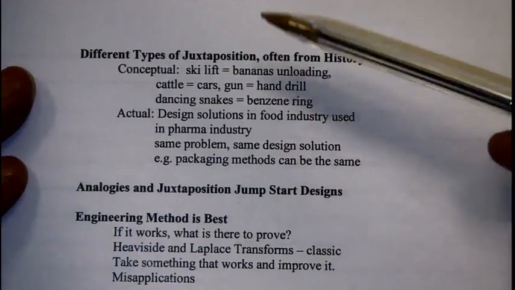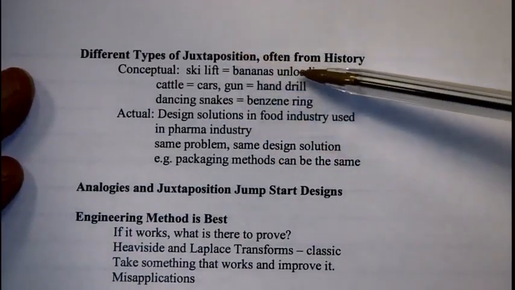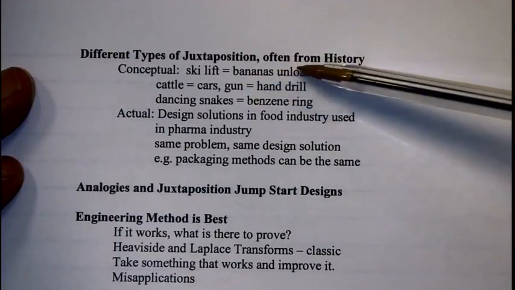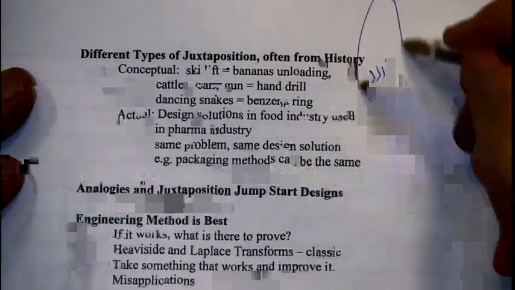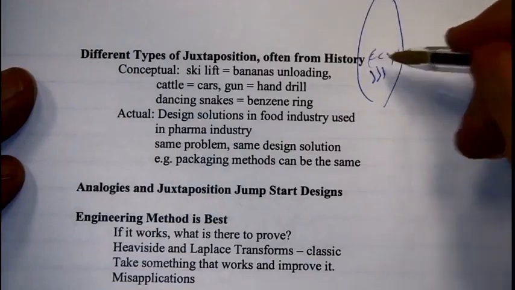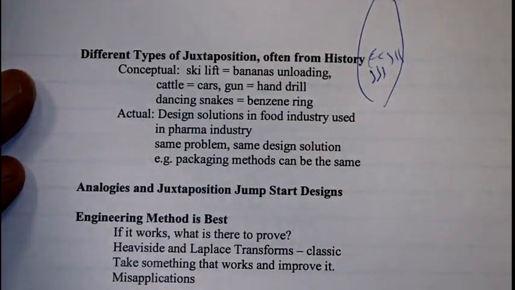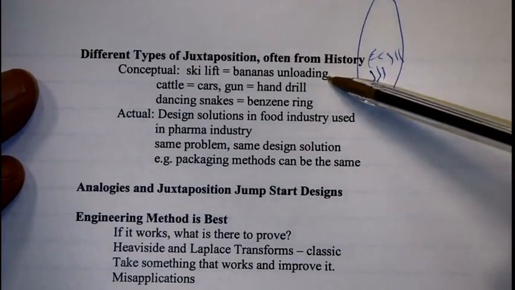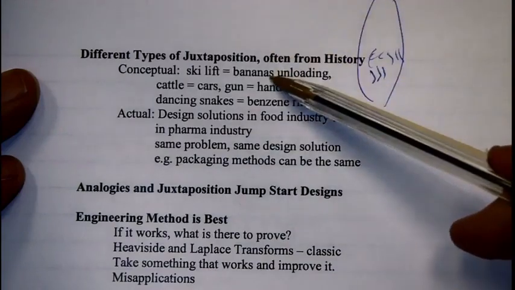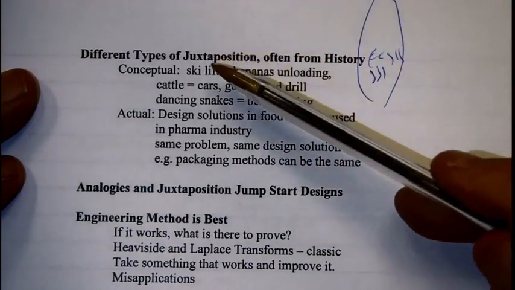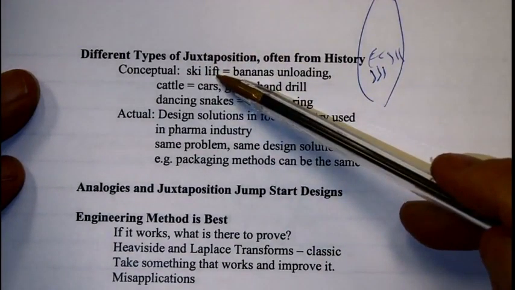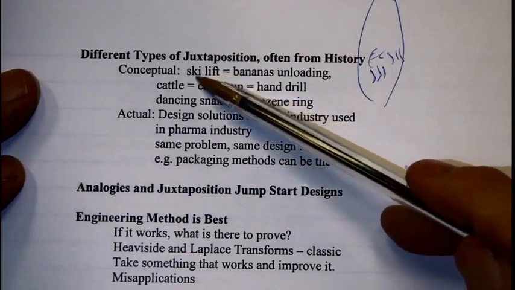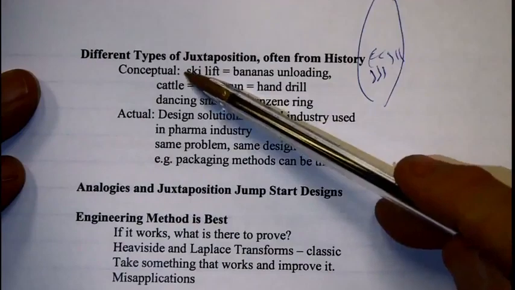Some examples of juxtaposition or analogies. Unloading bananas. Now, this is not the small bunch of bananas you'll see in the store. This is the big bunch of bananas, right? So, a chap named Harrington was watching bananas unload in Miami, Florida, and he said, if he could do that with bananas, he could do that with people. And he had a large quantity of land around Sun Valley, which he wanted to develop into a ski resort.